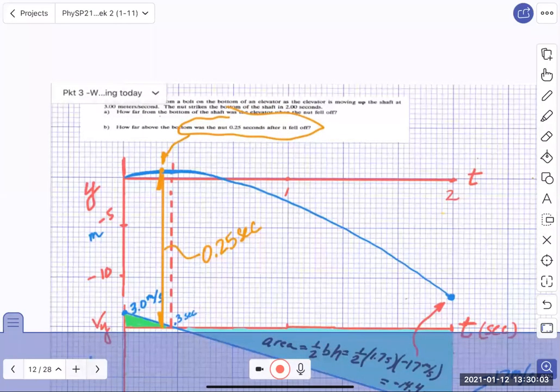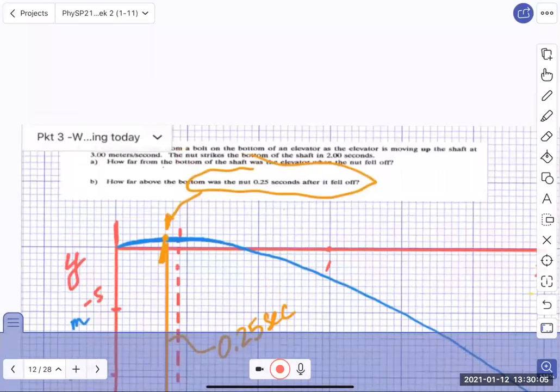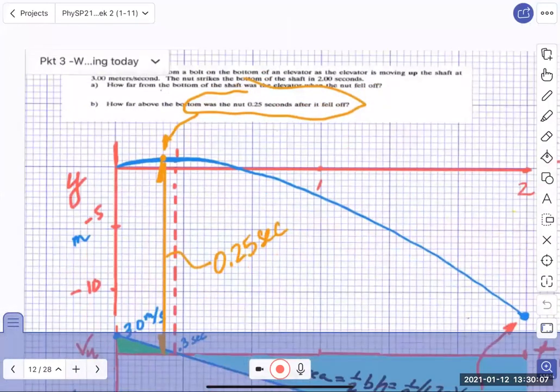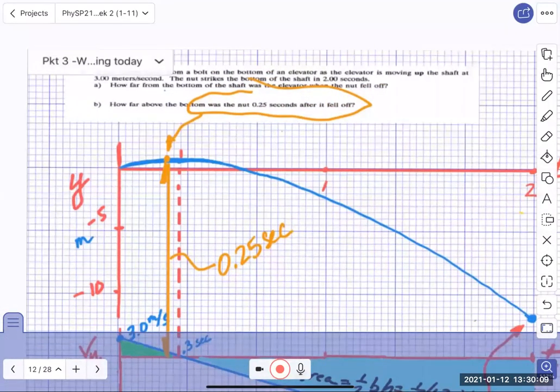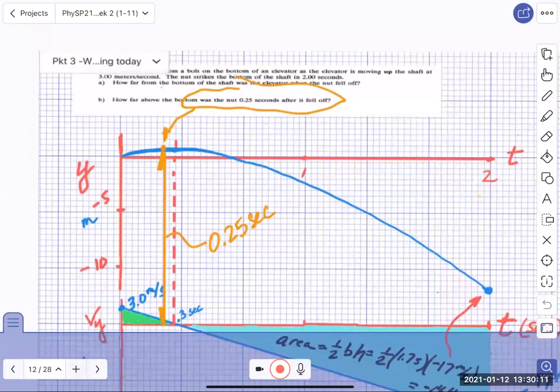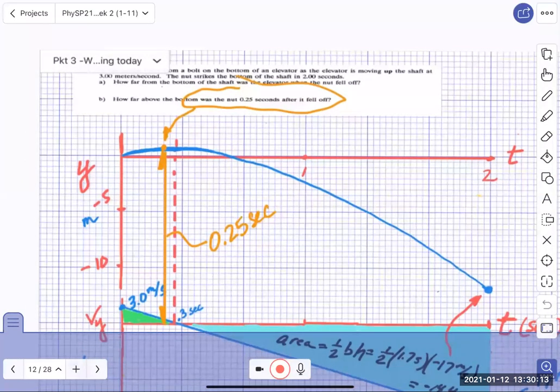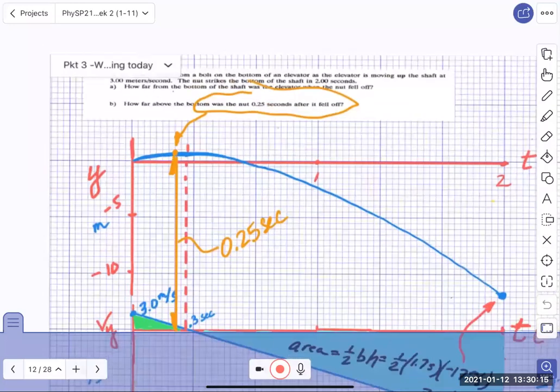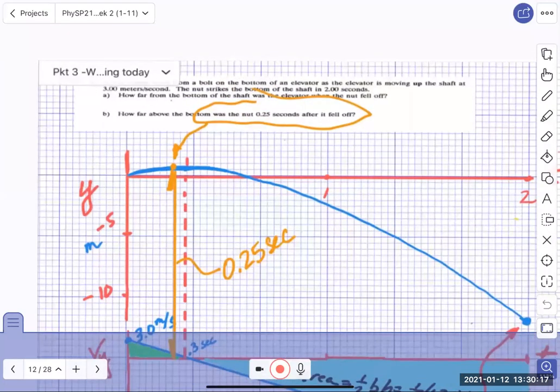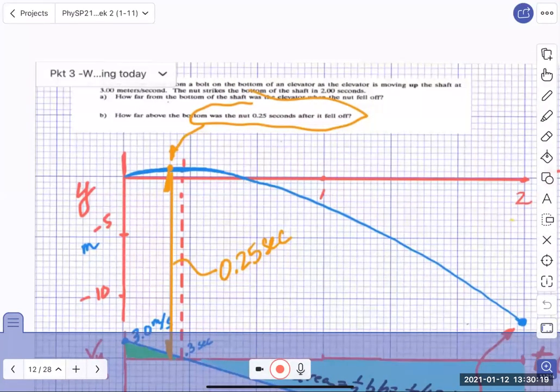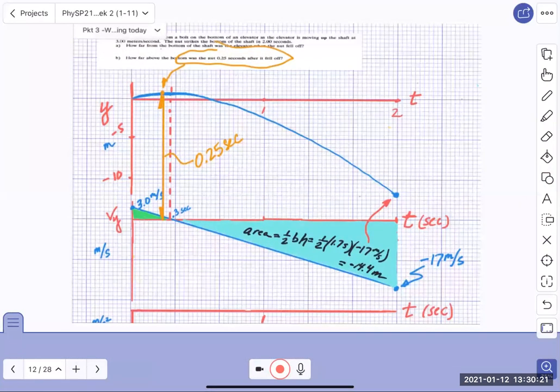One of these problems we did on 4.2, or was this 4.1? Anyway, it was one of those. And the question was, was it going up or was it going down? And so the kid really wanted to know. So we blew it all up and looked at it. We found out that a quarter second after it falls off, it's still going up. This brought up the whole idea of inertia and momentum, okay? All came out of that little problem.